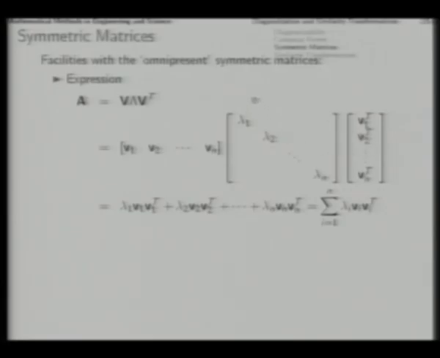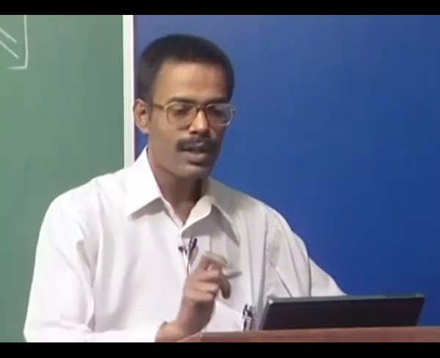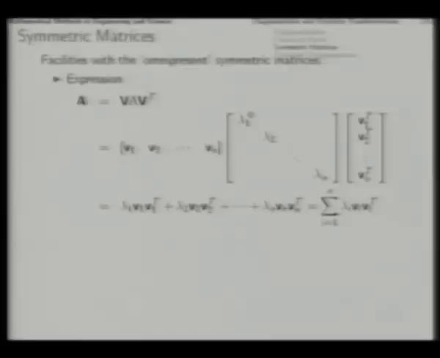So, here in rows you will find lambda 1 V1 transpose, lambda 2 V2 transpose, lambda 3 V3 transpose, and so on, with which when you multiply this, you will get V1 into lambda 1 V1 transpose plus V2 into lambda 2 V2 transpose, and so on. So, finally, you will get this summation: lambda 1 V1 V1 transpose plus lambda 2 V2 V2 transpose, and so on. You can express it like this, right.